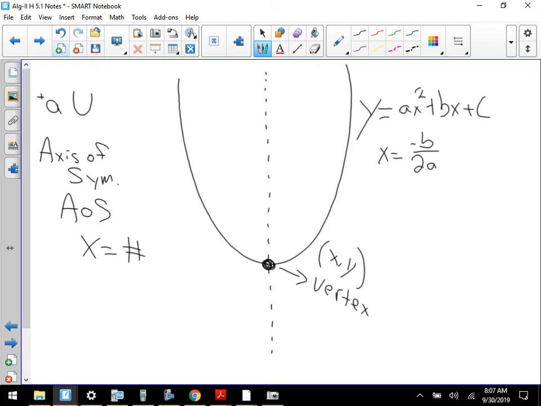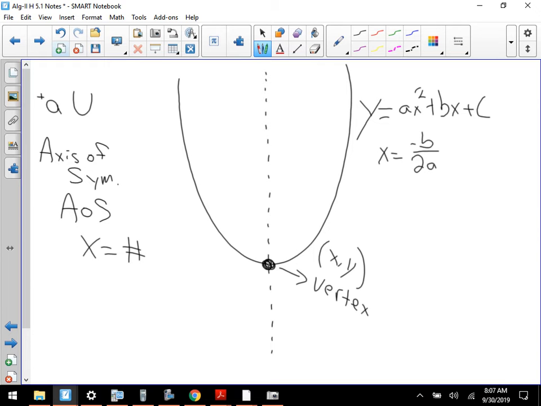So that example that I wrote down a second ago, I think it was y equals x squared plus 6x plus 8. Yeah. So what are your a, b, and c values in this case? A is 1, b is 6, and c is 8.